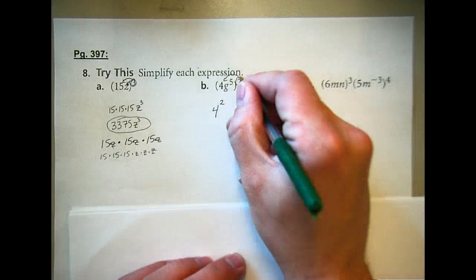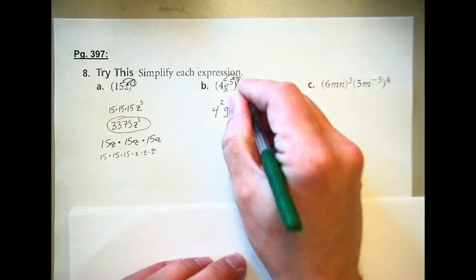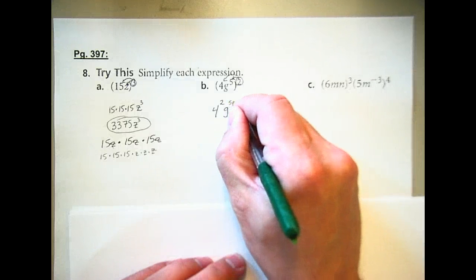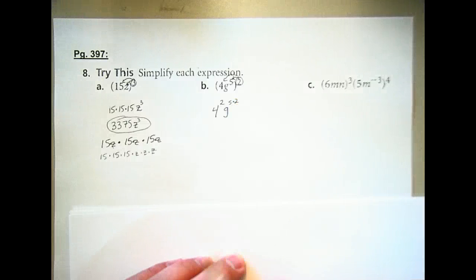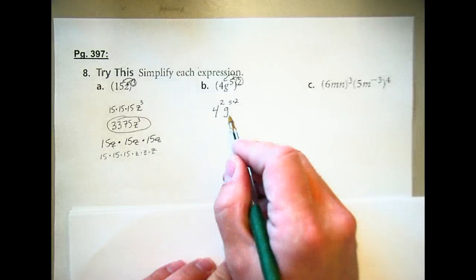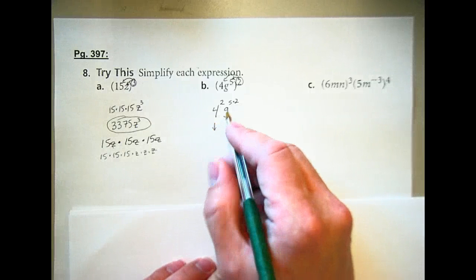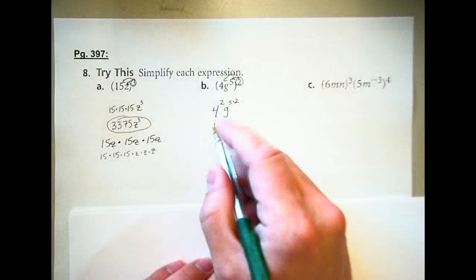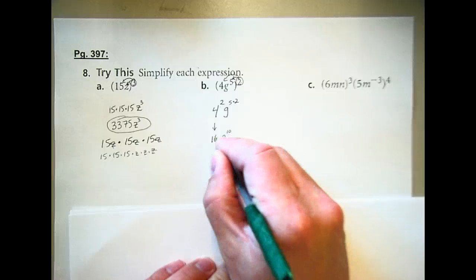It's not, but it's g to the 5th to the second, right? Power to a power is times. Okay, so 5 times 2. So we got to raise that to the second and that to the second. So 4 to the 4th and g to the 10th. 4 to the second, so 16 and g to the 10.